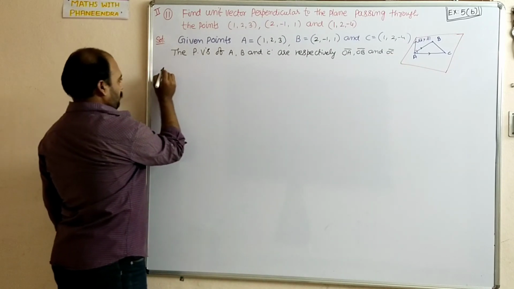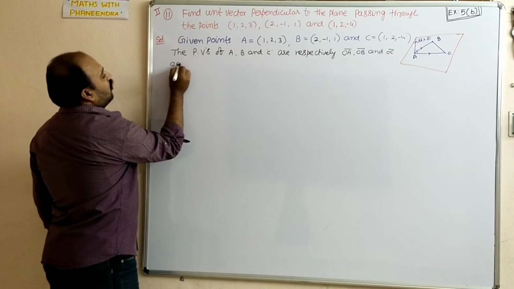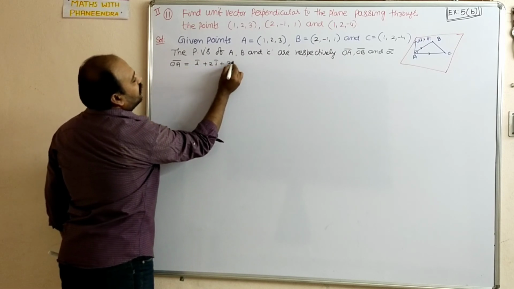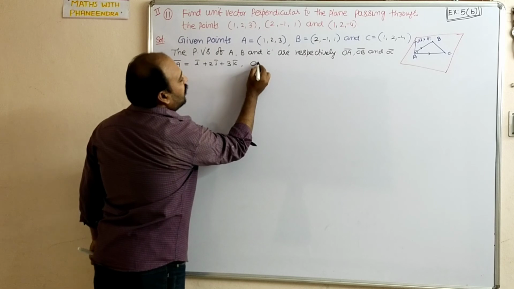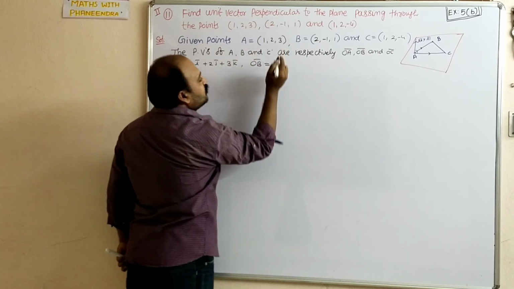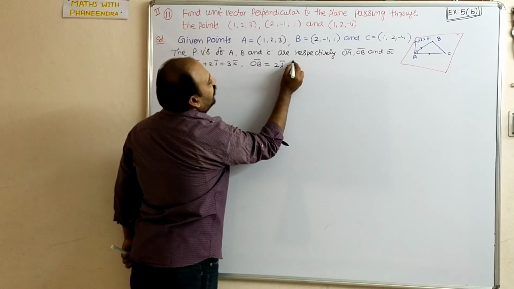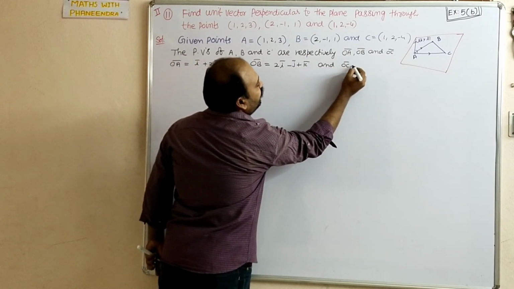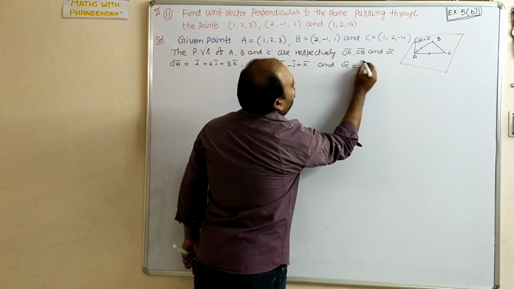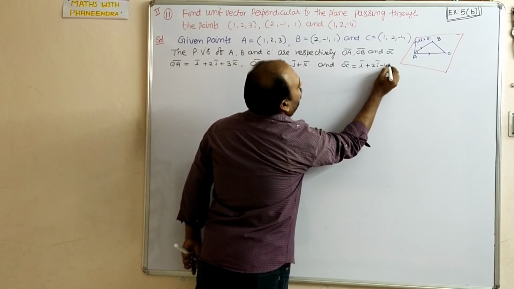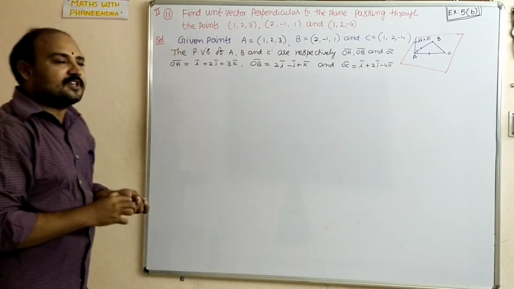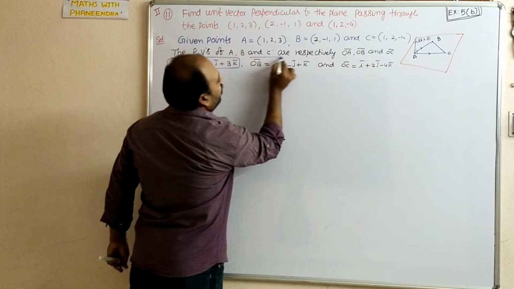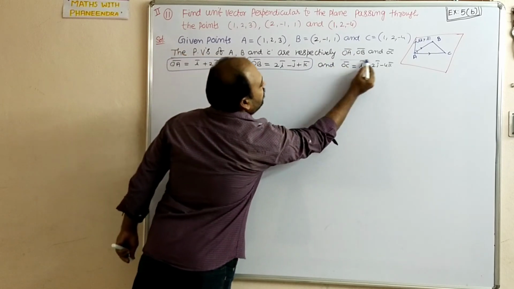So OA bar equal to i plus 2j plus 3k, OB bar equal to 2i minus j plus k, and OC bar equal to i plus 2j minus 4k. These are the position vectors of the given points.